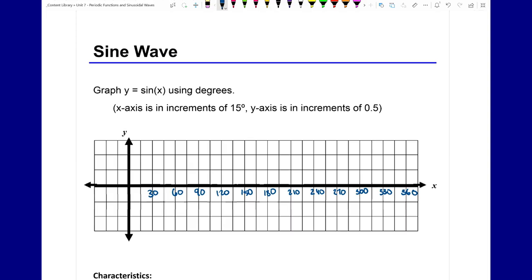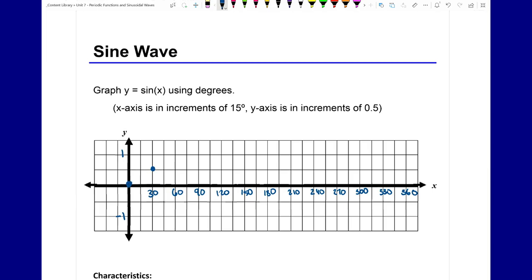Now we can go through and do sine of all these angles and get a value. If this is 1 and negative 1, let's say for example sine of 30, we get a half. We can put a point there. We also go back and do sine of 0 and get 0, which would be right here.